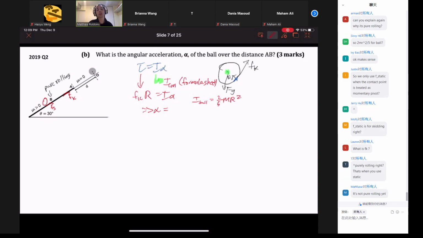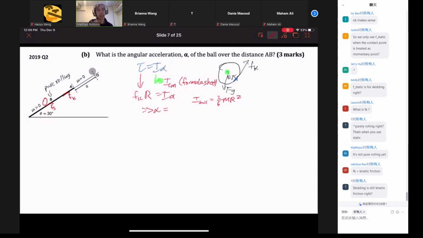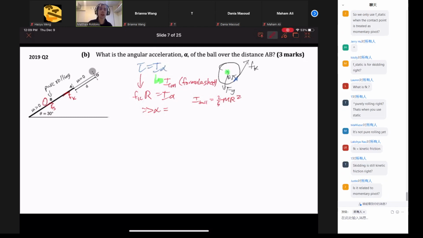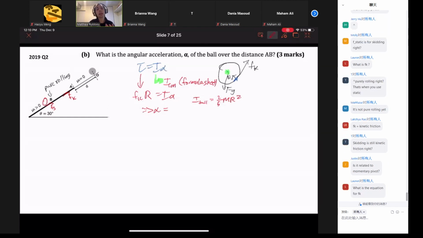If you are not purely rolling, then depending on the situation you would use either kinetic or static. The different cases are on the slides we did. I reposted the chapter 9 slides yesterday because there was an extra factor of R, but you would follow that notation. The final thing I would say is that the kinetic force of friction is something we found in part A, using Newton's second law.